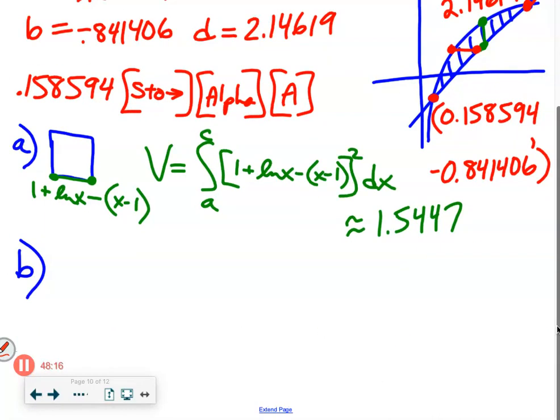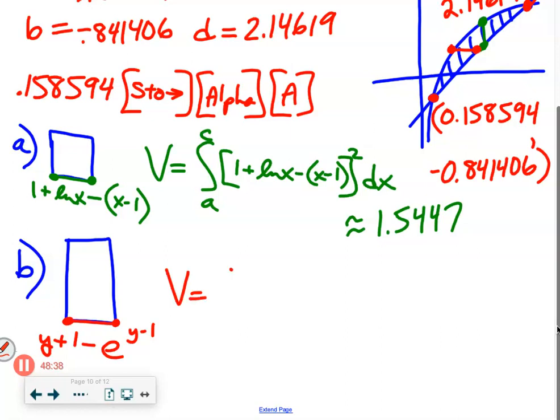So we're going to have rectangles. Okay, this is right there. So it's y plus 1 minus e to the y minus 1. All right, volume is the integral of the area of this rectangle, dy.